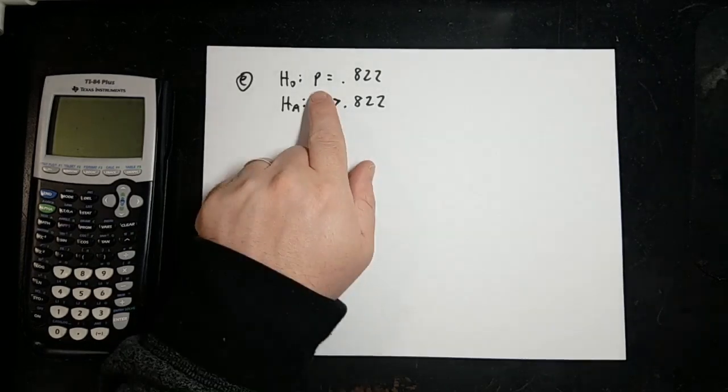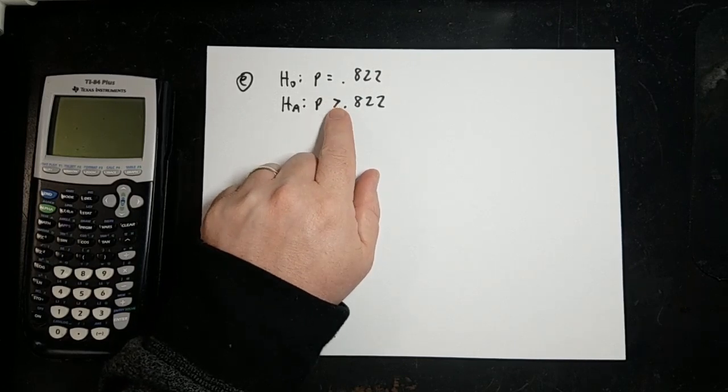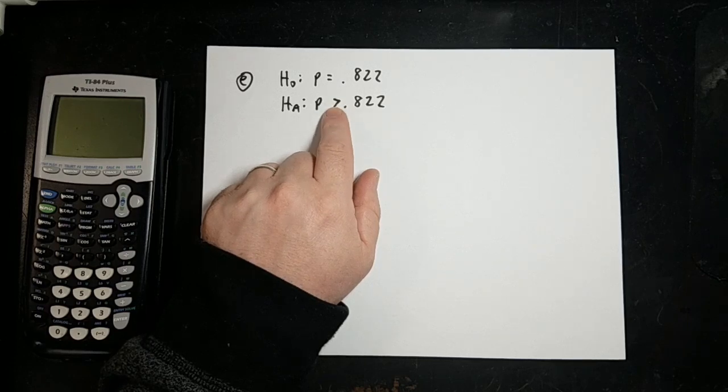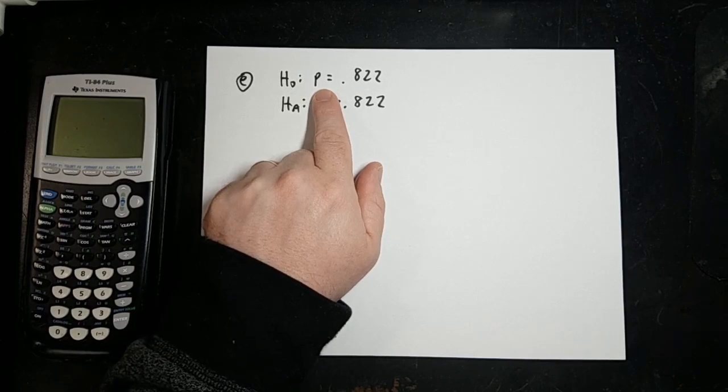Anyway, if you reject the null hypothesis, you are basically saying, yes, they met the criteria for certification. If you fail to reject the null hypothesis, you're saying, nope, they did not have enough evidence to show that they met the criteria for certification.